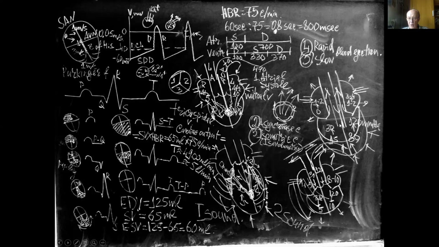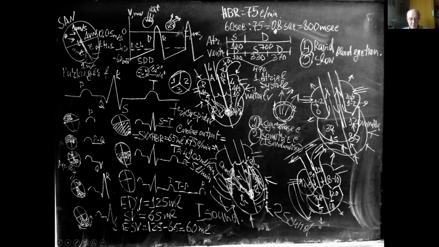Then starts the rapid and slow blood ejection. The blood flows, first of all, very rapidly into the large arteries, the aorta and the pulmonary artery, and the semilunar valves are open, and the volume of the ventricles starts to decrease. How much blood flows out from the ventricles? 65 milliliters. It is known as stroke volume. 65 milliliters to the pulmonary circulation and 65 milliliters to the systemic circulation.